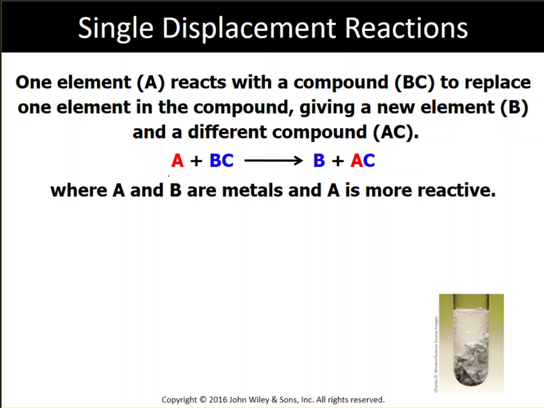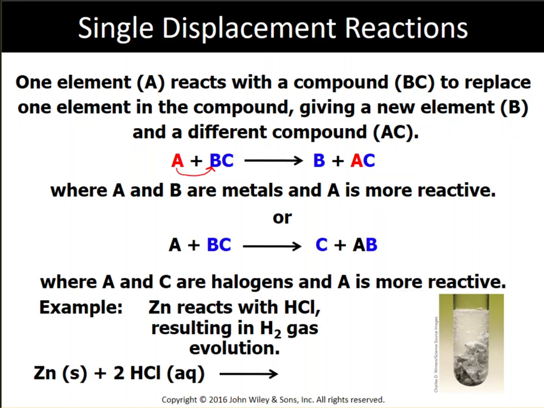Your element A could be a metal, and it's going to replace another metal, which is B. And in order for this to happen, A needs to be more active than B. The other type is a single displacement of nonmetals, where A and B are nonmetals, but still A needs to be more reactive than B.